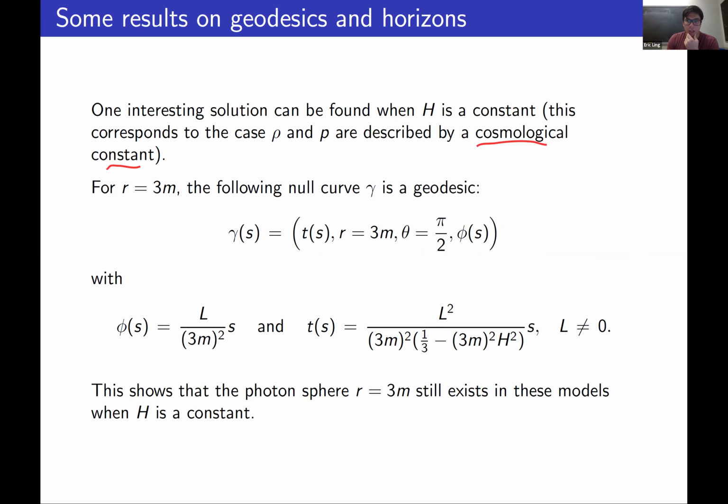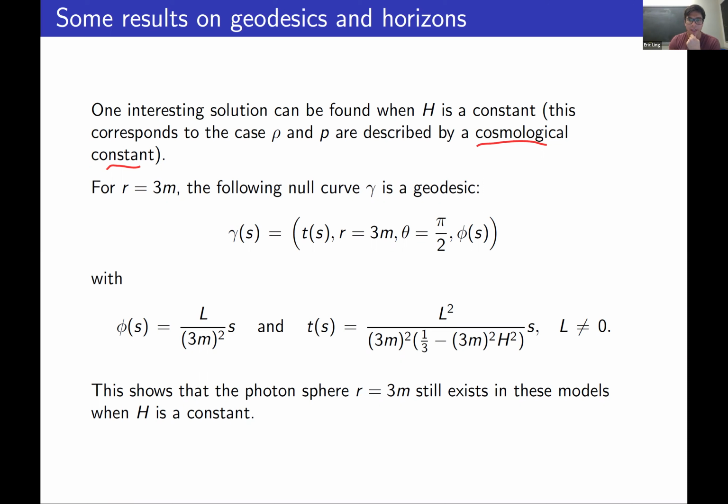So in the case where h is a constant, maybe it's not too surprising that you can solve the geodesic equations because the metric doesn't necessarily depend on t anymore. In either case, we were actually able to find one solution to the geodesic equation, which corresponds to the photon sphere.